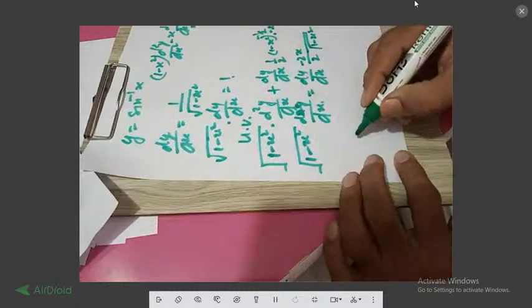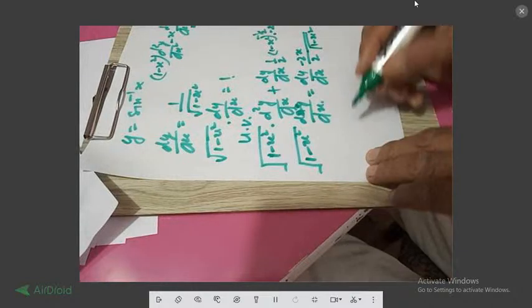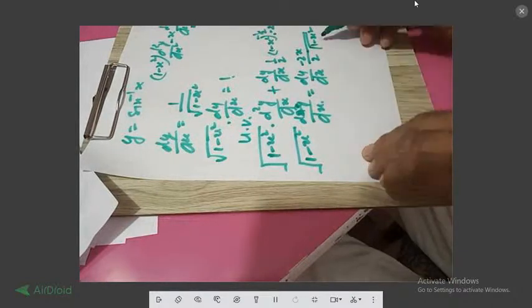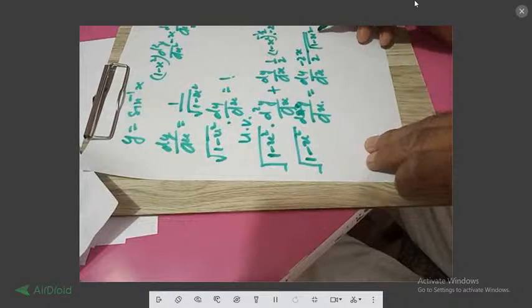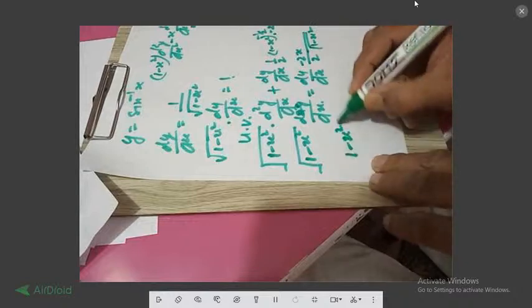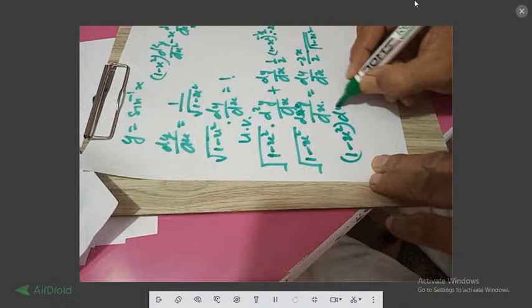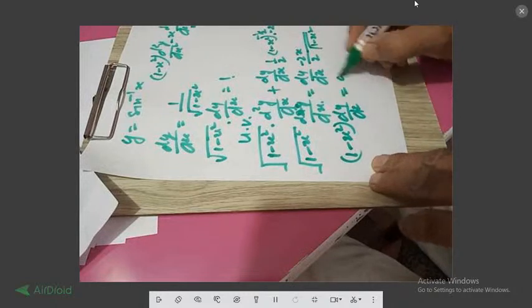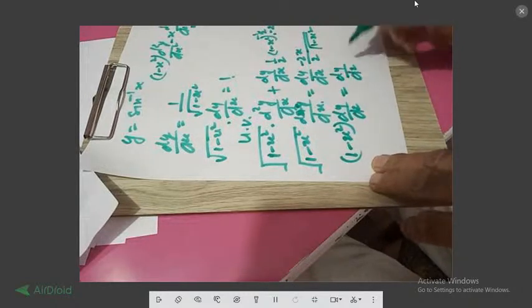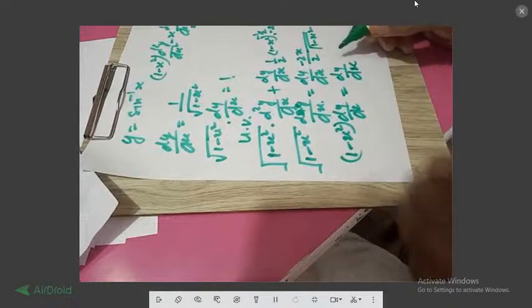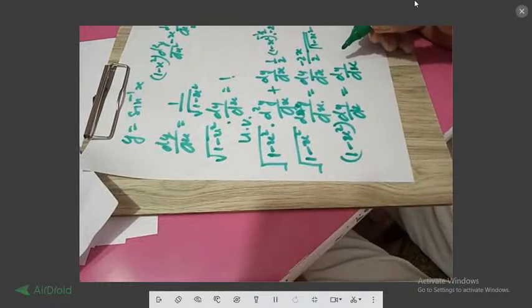Separately under root. What if y is equal to sin? Multiply by taking, then 1 by under root square, multiplied, this becomes 1 minus x square into dy by dx under root is equal to dy by dx. Find the differentiation of this and find second order differentiation.